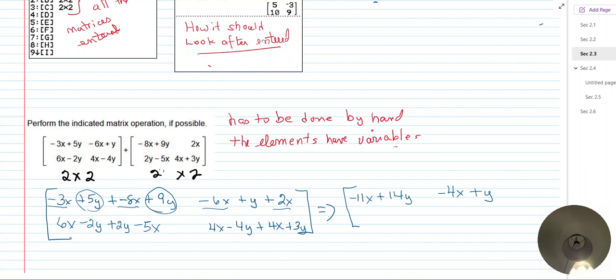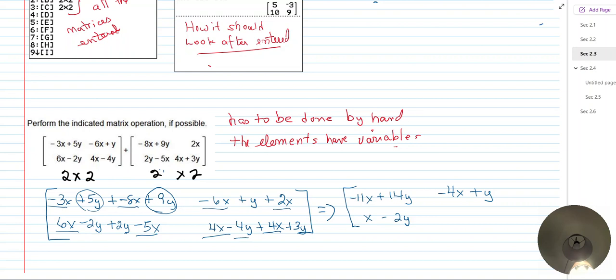All right, I'm on this line here. 6x plus 2x, no, minus 2, sorry about that. Minus 5x is x. And now I have a minus 2y. Then the last term, I have 4x plus 4x is 0.